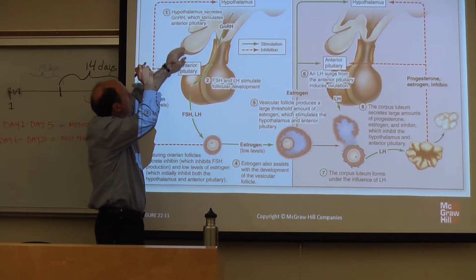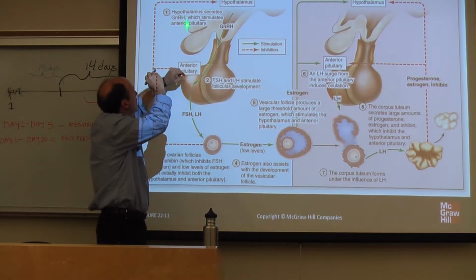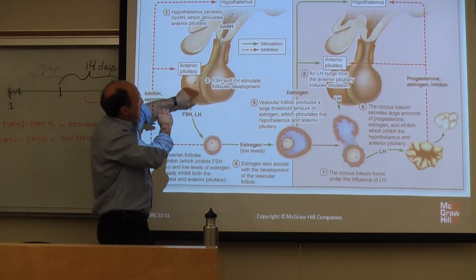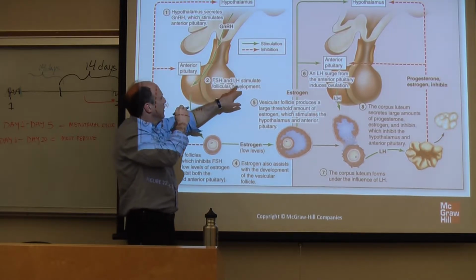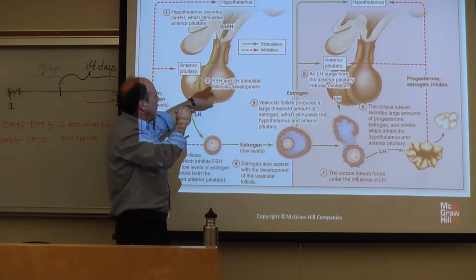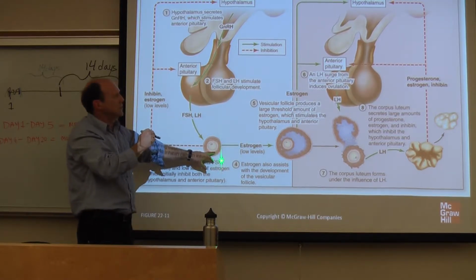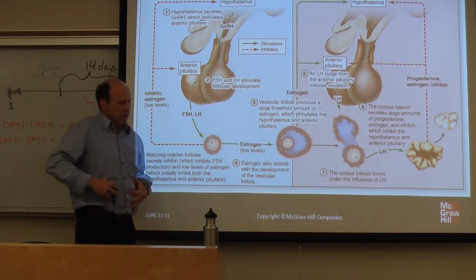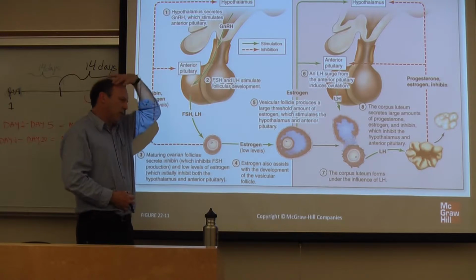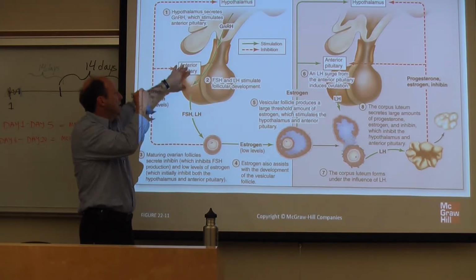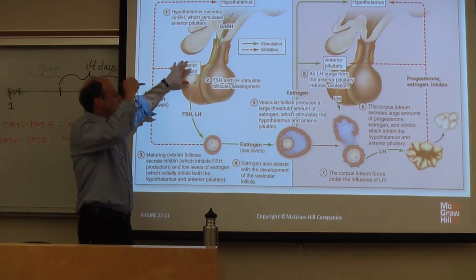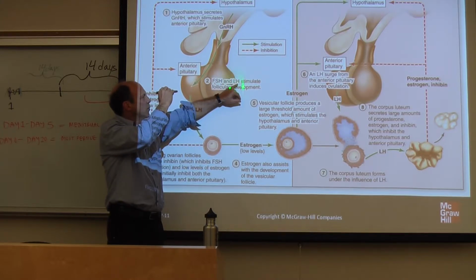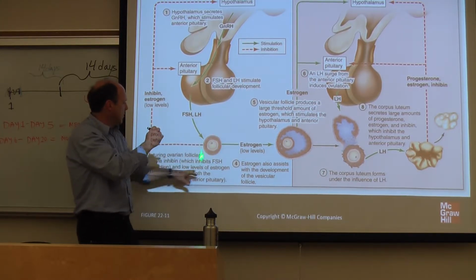So the hypothalamus secretes gonadotropin releasing hormone, which stimulates the anterior pituitary, and that is going to produce follicle stimulating hormone and luteinizing hormone that will stimulate follicular development. So there's the brain and the hypothalamus, and then the pituitary, the master endocrine gland, releasing follicle stimulating hormone and luteinizing hormone that's going to allow maturation of the follicles.